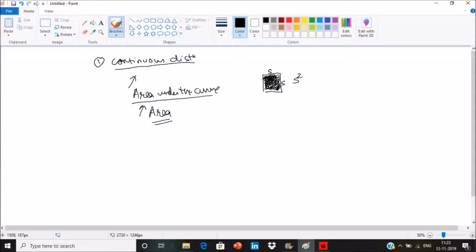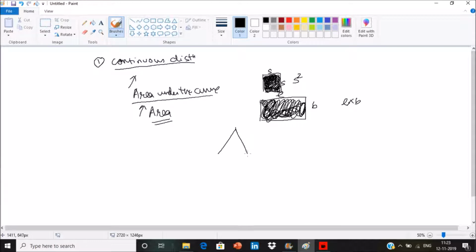For a rectangle, the area is length into breadth, which gives the area within the borders of the rectangle.